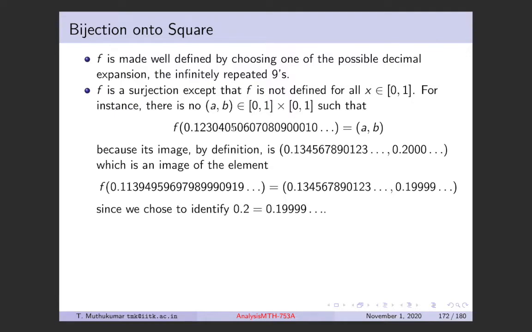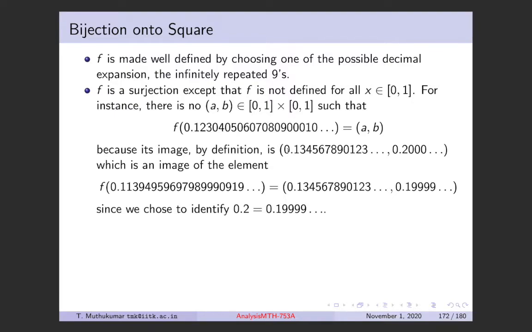Okay, by definition, the image is, what we do is we have to take all the odd positions in the first quadrant, which is 1, 3, 4, 5, 6, 7, 8, 9, 0, 1, and so on. So 1, 3, 4, 5, 6, 7, 8, 9, 0, 1, 2, 3 and so on.